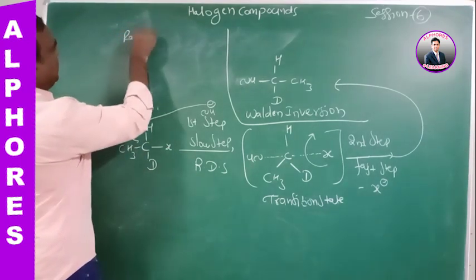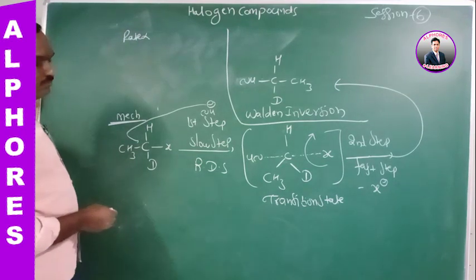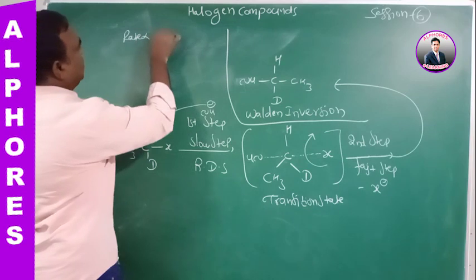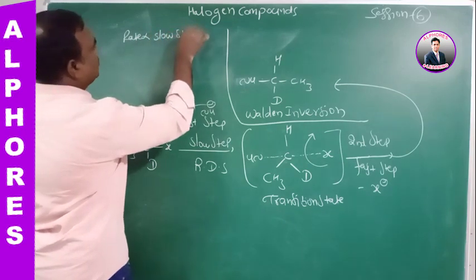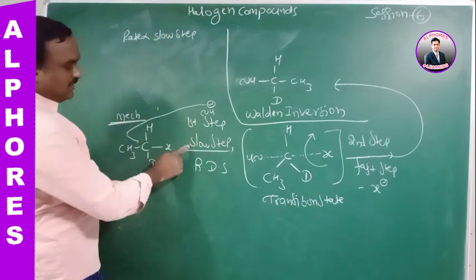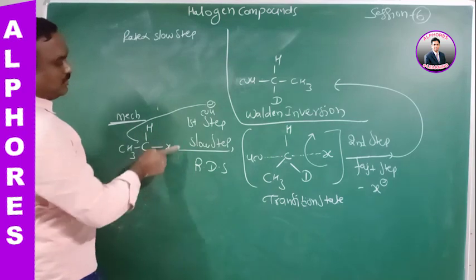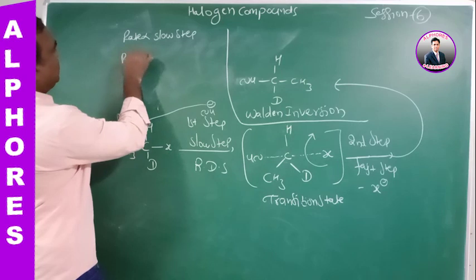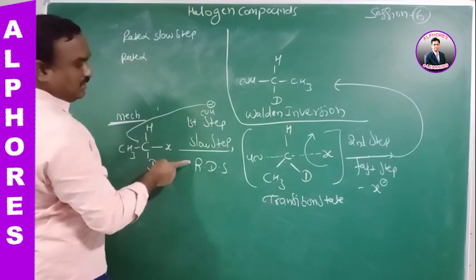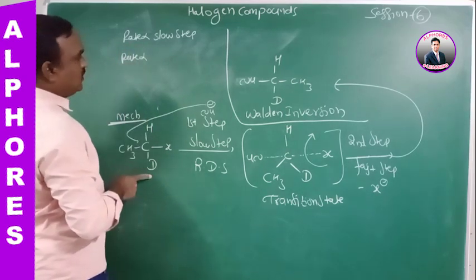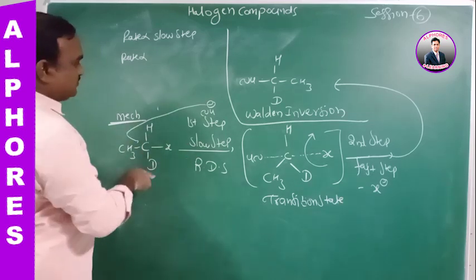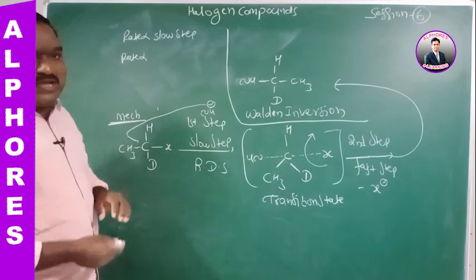Now the order. Rate is directly proportional to the slow step, which is the first step, the rate determining step. The rate mainly depends on the concentration of substrate and incoming nucleophile.